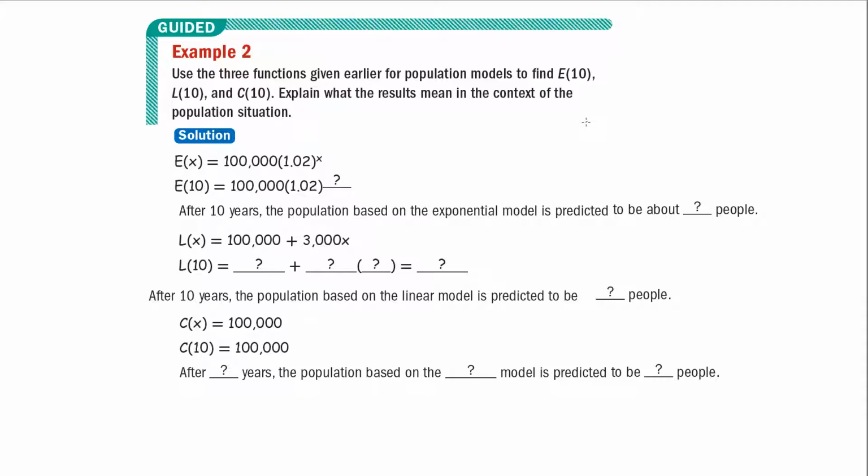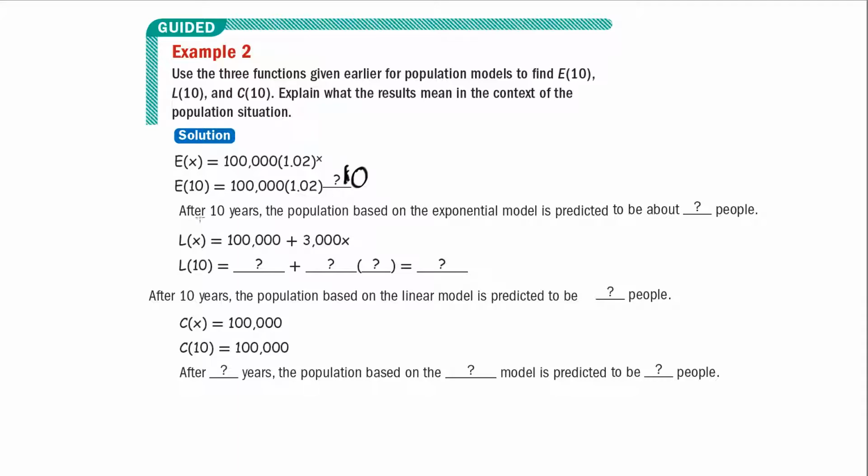So for E of x, for 100,000 times 1.02 raised to the x power, then E of 10 becomes 100,000 times 1.02 raised to the 10th power.